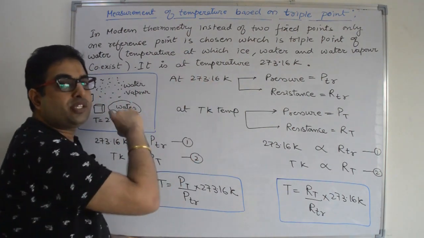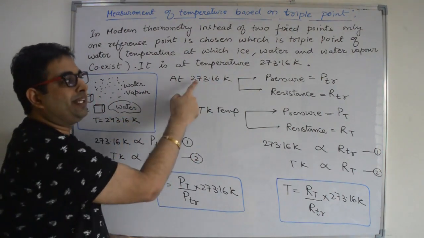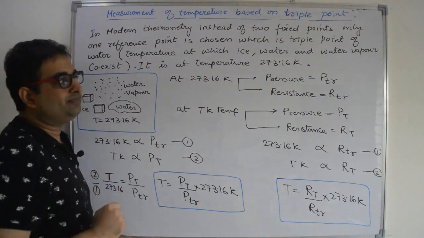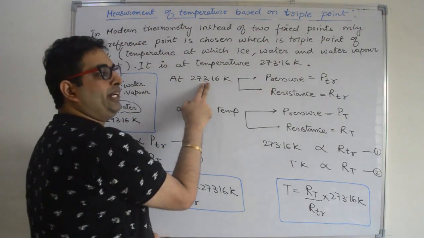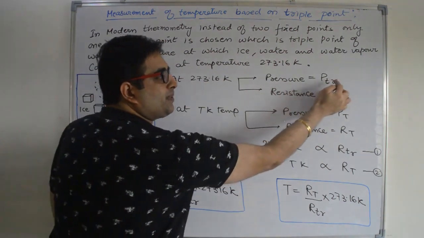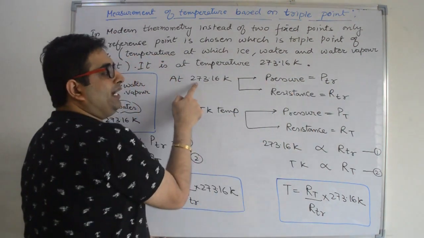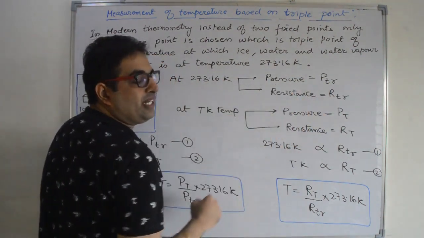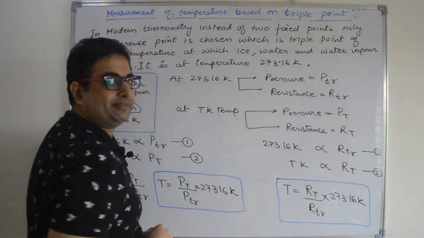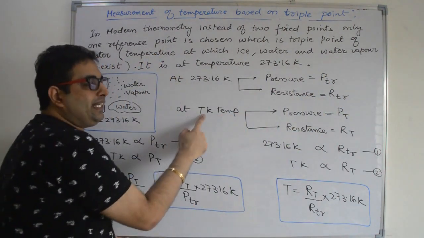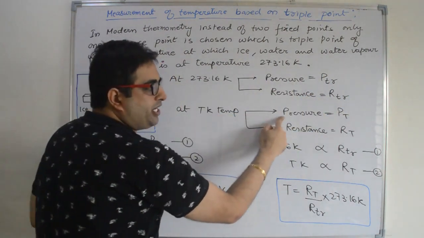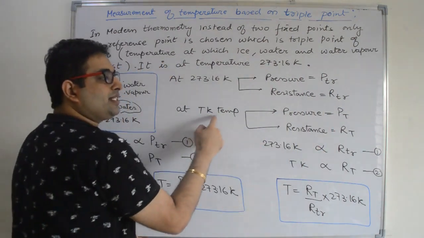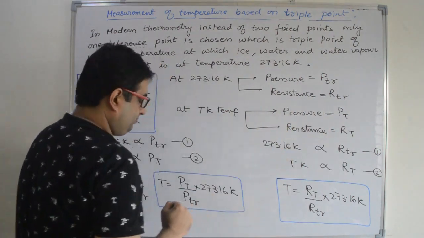The previous was in degrees Celsius, but here it is in Kelvin. So at this triple point temperature, pressure is, let us suppose, PTR, and resistance of platinum wire is RTR. And at T Kelvin temperature, pressure is PT and resistance is RT.